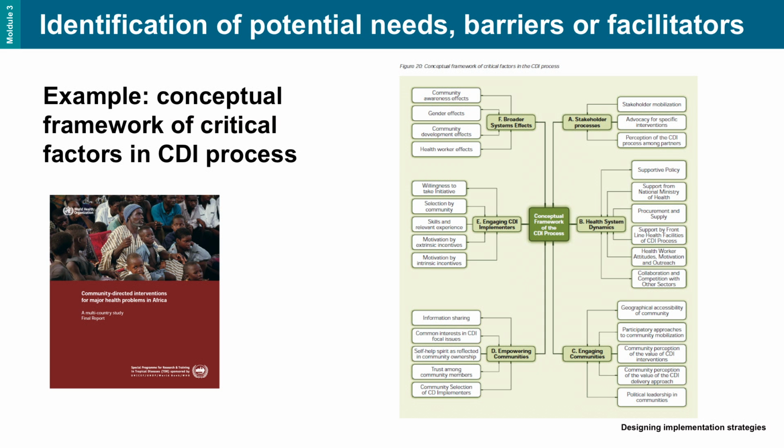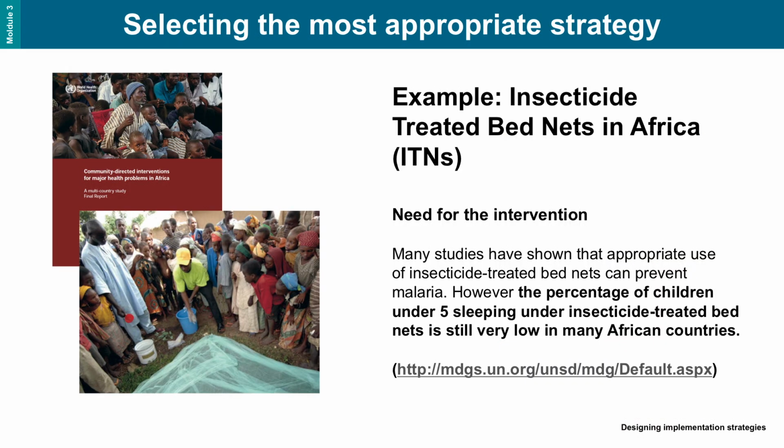Now that we saw different approaches for the identification of the determinants of practice, we must try to provide a justification for the selection of a particular implementation strategy. Let's go back to the example related to the delivery of bed nets in African countries. What do we know?